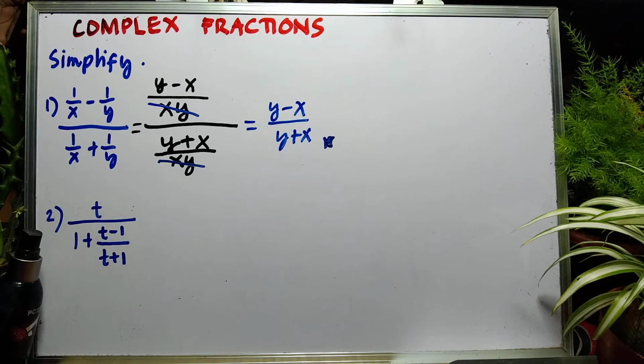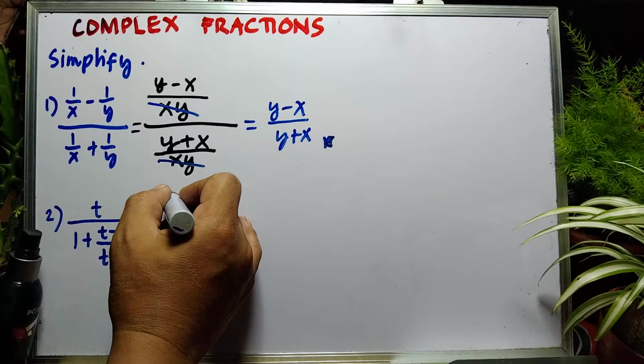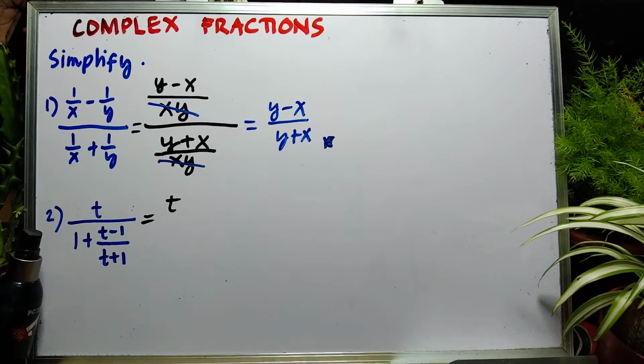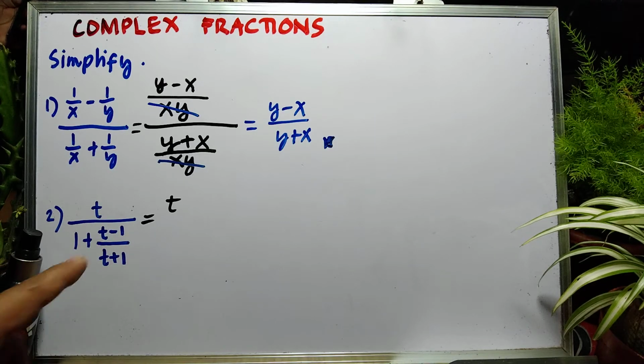Okay. Let's try another complex fraction in number 2. So you are given t all over 1 plus t minus 1 over t plus 1. So we just simply copy t there, no? In the numerator. Then from here, in the denominator, we add 1 plus this rational expression.